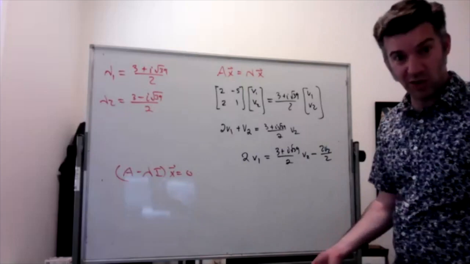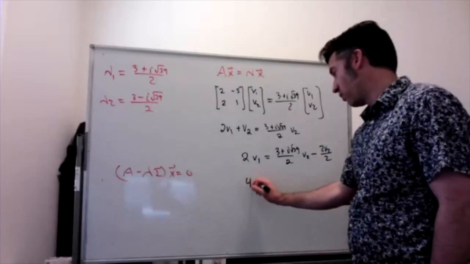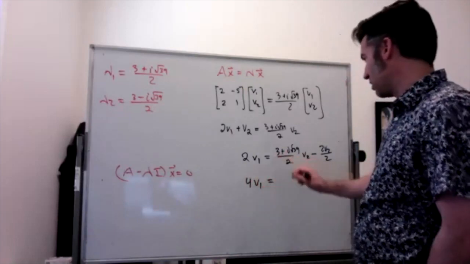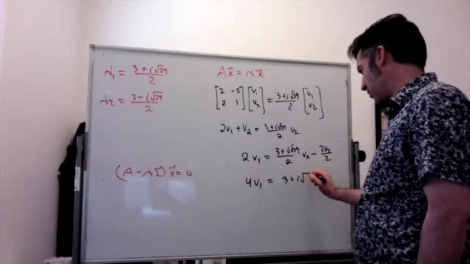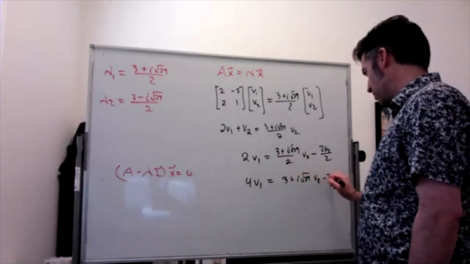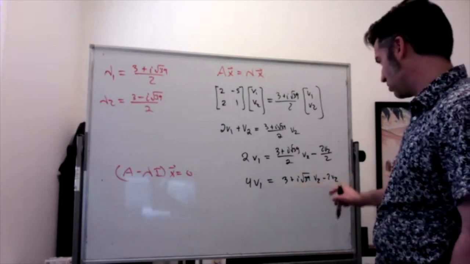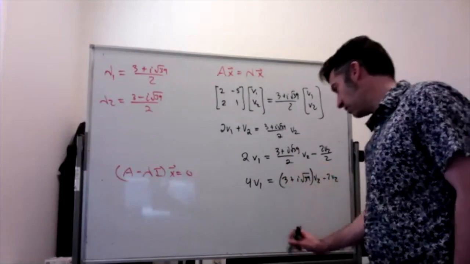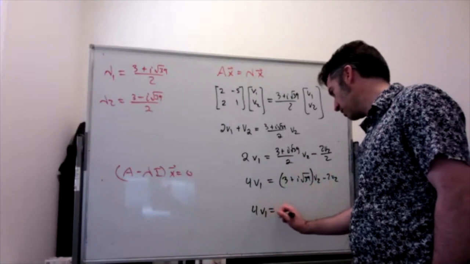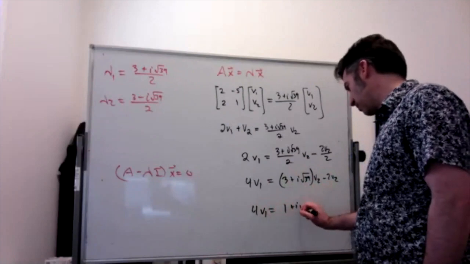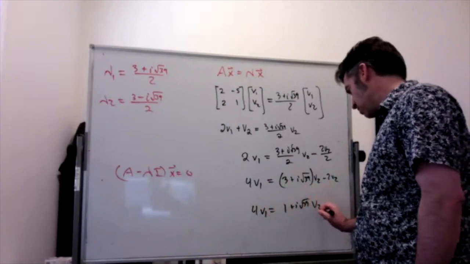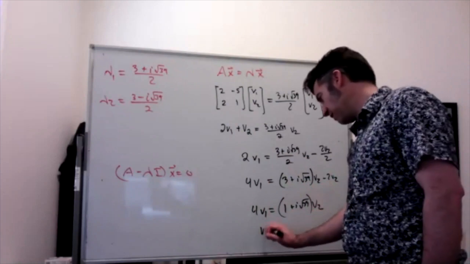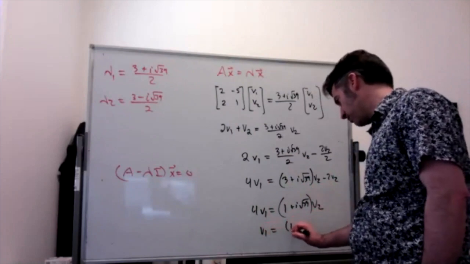Let's multiply everything by 2. So 4v1 equals (3 plus i root 39) v2 minus 2v2. 3 minus 2 is just 1. So 4v1 equals (1 plus i root 39) v2. And then finally, v1 is that divided by 4.